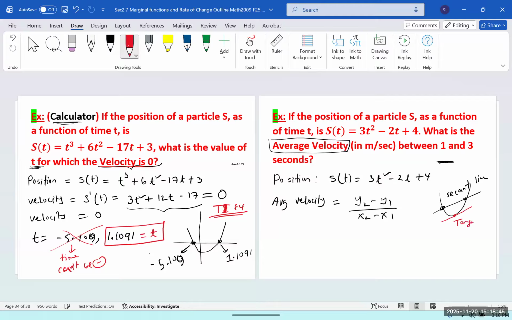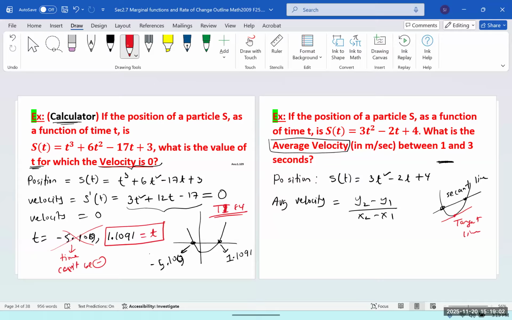So the derivative is the slope of the tangent line. But the average rate of change, average velocity, anytime you see the word average, is the slope of the secant line, so it goes through 2 points.